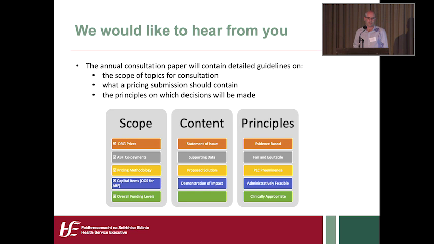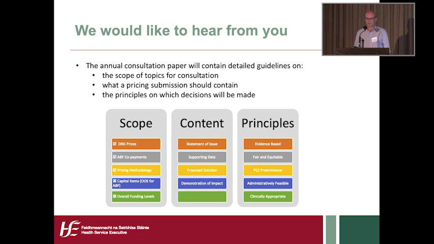But they're out of our control, so I'm afraid Brian, generously as he is, he doesn't hold the purse strings in this case. In the content, what we'd expect to see are a statement of the issue, supporting data. There's been a lot of talk about evidence-based decision making, so we will need to see the data. Then a proposed solution and a demonstration of the impact that you believe that change would make.